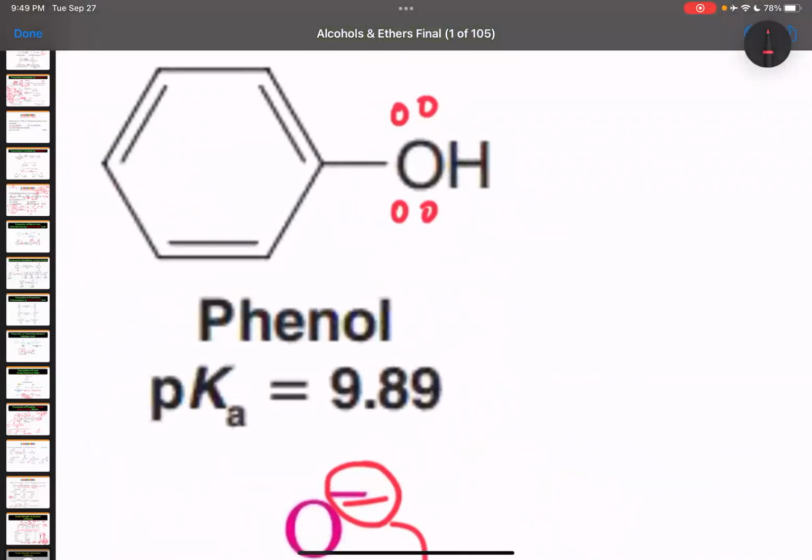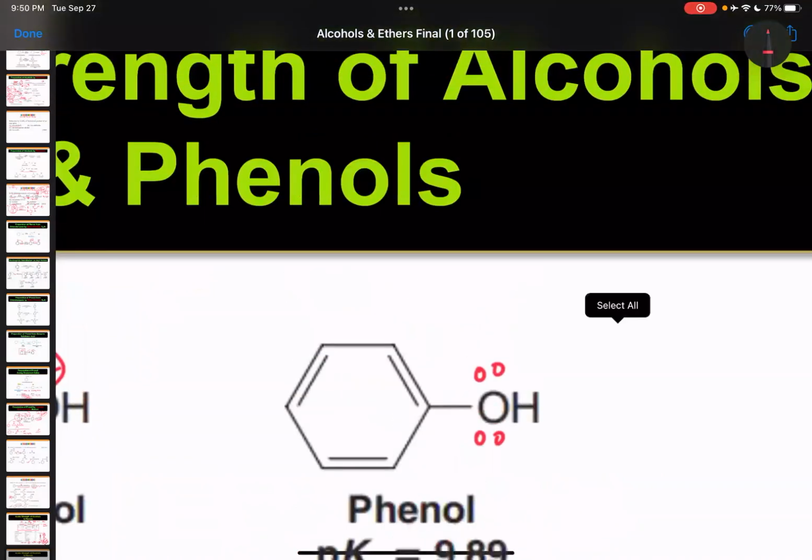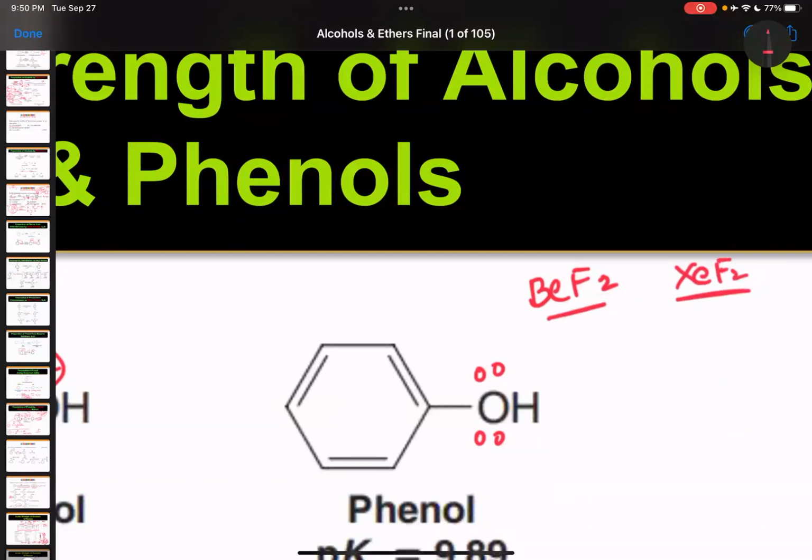Especially there are 3 lone pairs on the oxide ion. Yes, exactly. You need to be very careful especially in chemical bonding, because they will ask you beryllium fluoride and HCF2. Will they have the same hybridization? You will say, okay, yes, because both are F2.